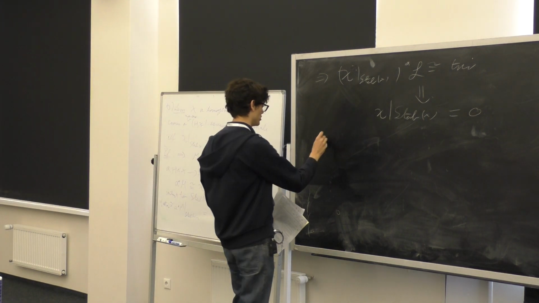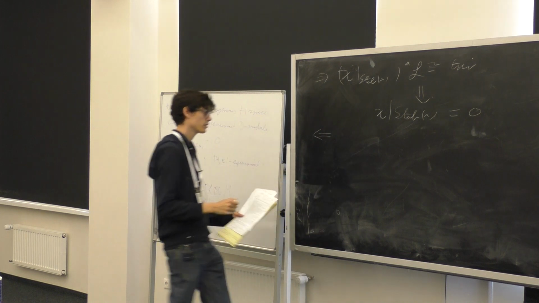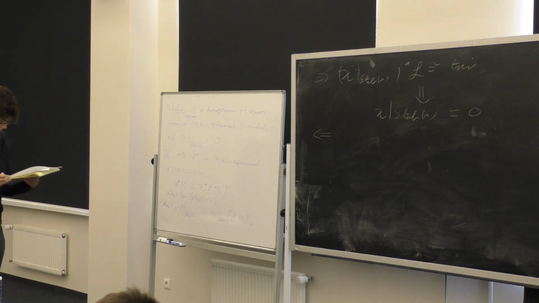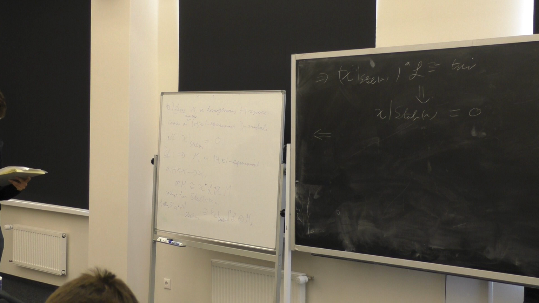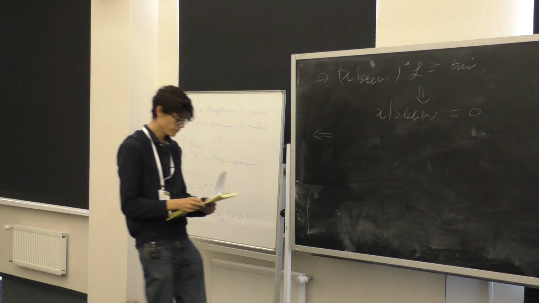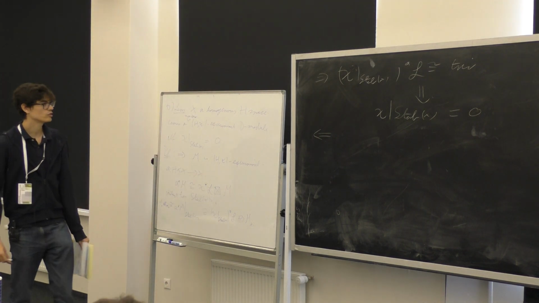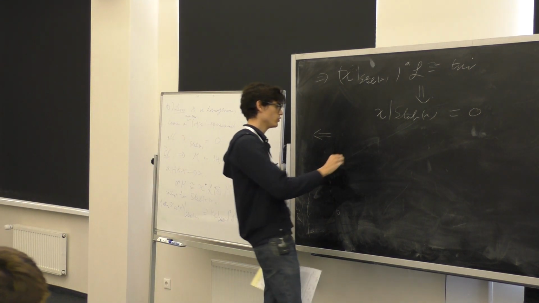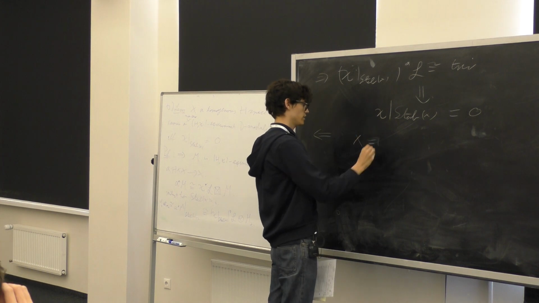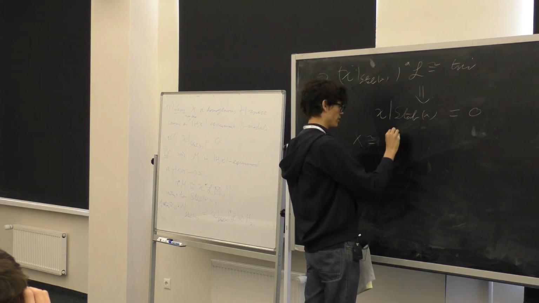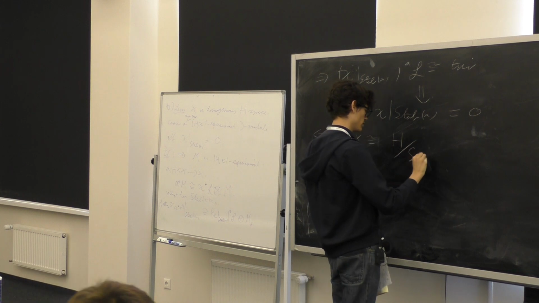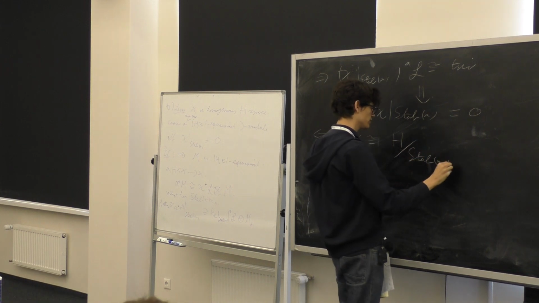And now let's prove the other direction, that there exists such an H chi equivariant D module if chi restricted to the stabilizer is 0. To do this, note that x can be identified with H modulo the stabilizer of x.